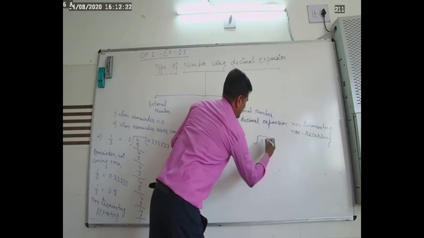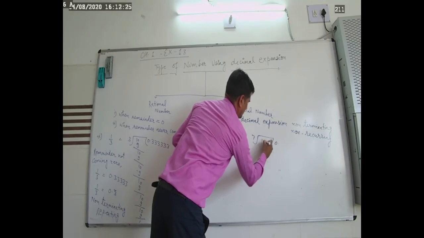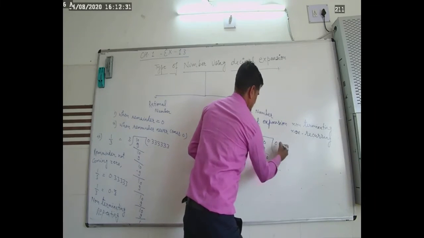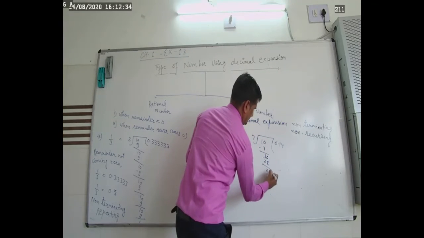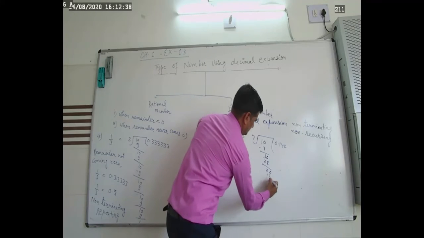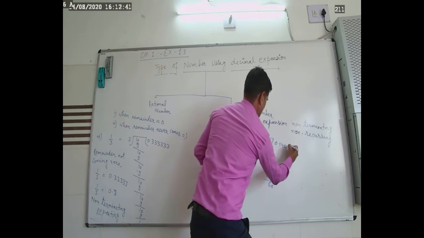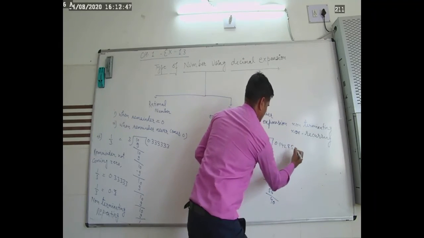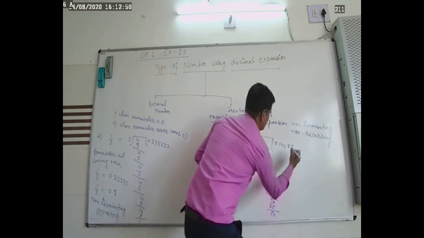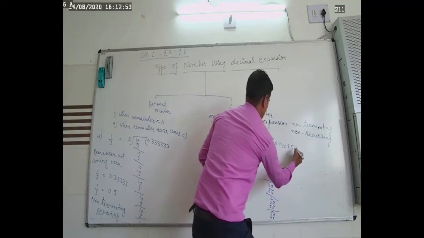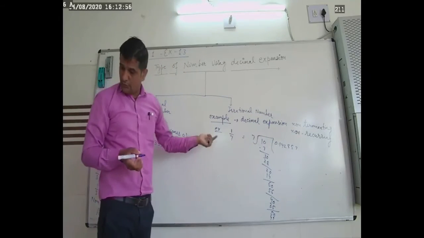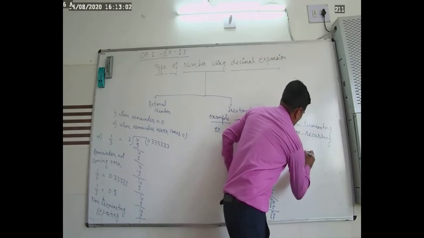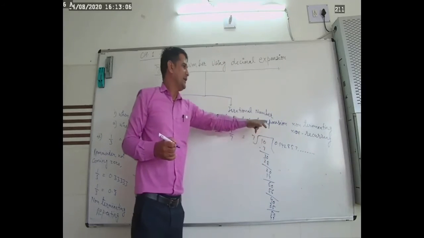Whenever 1 is divided by 7, this way we will proceed, and we will see that the expansion is non-terminating and non-recurring.